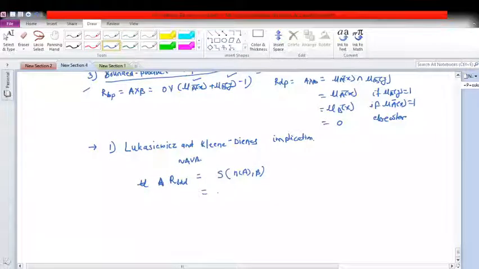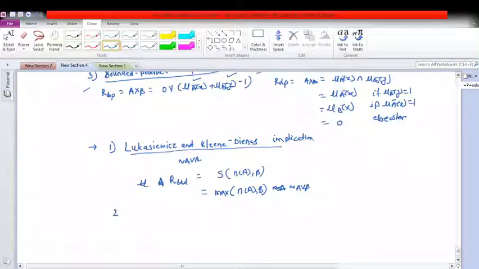It will be the maximum of the negation or complement of A with B, like this: complement of A with B. Basically this has been suggested by Lukasiewicz and Klein-Dienes implication.